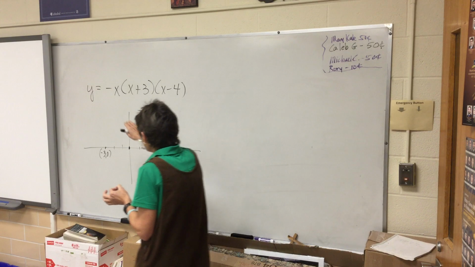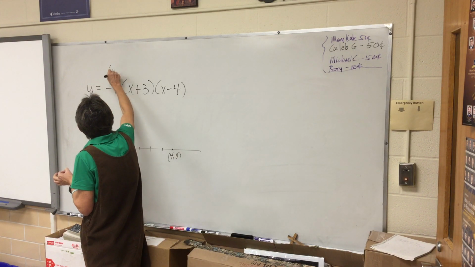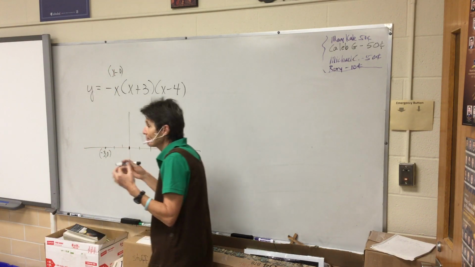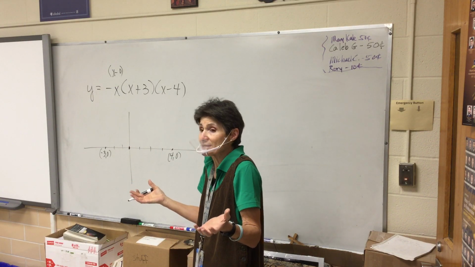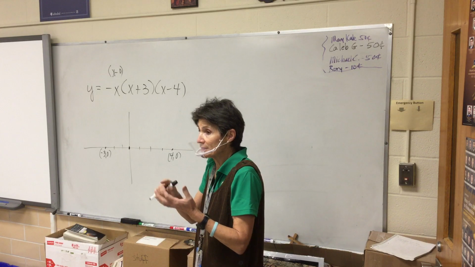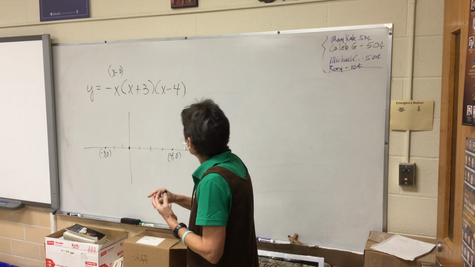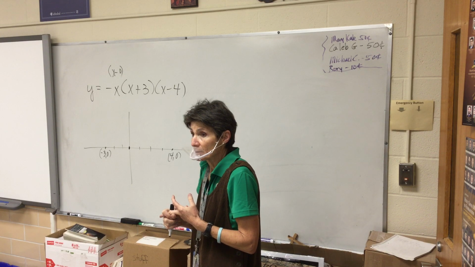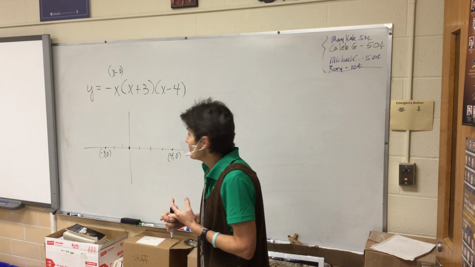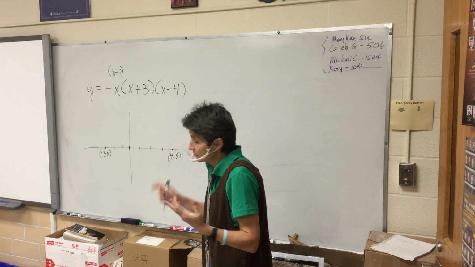So this is like having a factor of x minus 0. Now, no one ever writes it that way, but that's what it's the same as. So you have a dot at the origin, a dot at -3, and a dot at 4. Okay? Then all the dots are there.